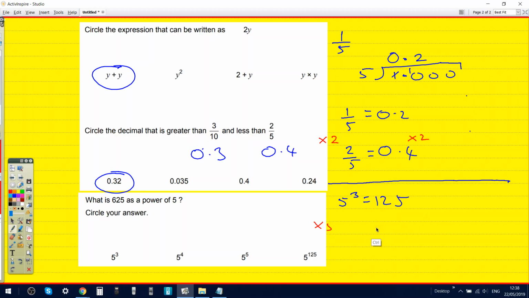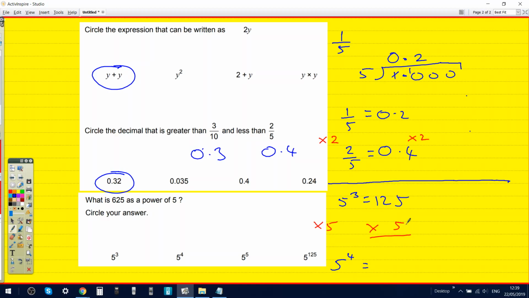So 5 times 5 is 25. So that would just bring it to 5 to the 4. It just times another 5, and then same thing on the other side. Oh, I see, right.